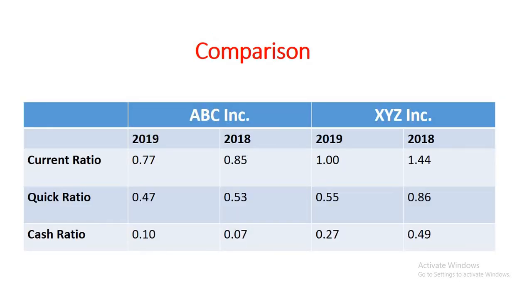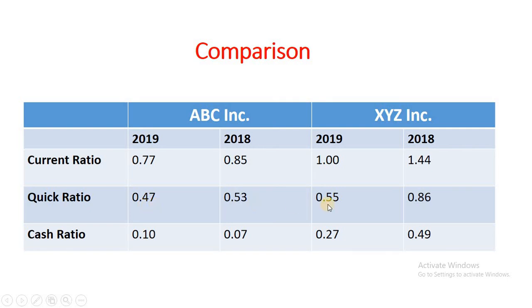Let's compare the current ratio, quick ratio, and cash ratio between two hypothetical organizations, ABC Incorporation and XYZ Incorporation. If we look at the current ratio, XYZ Incorporation's current ratio values in both years are higher than ABC Incorporation.